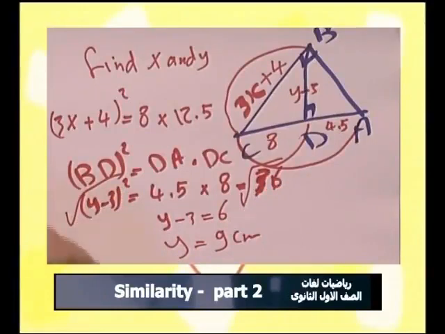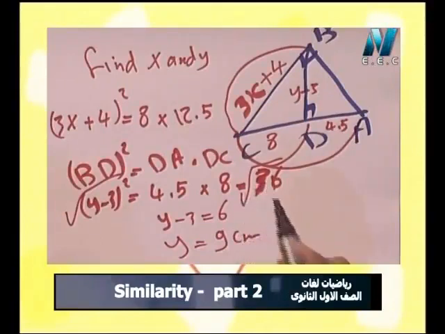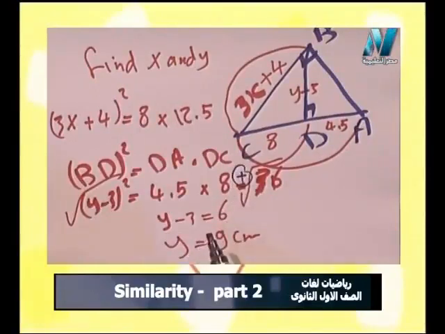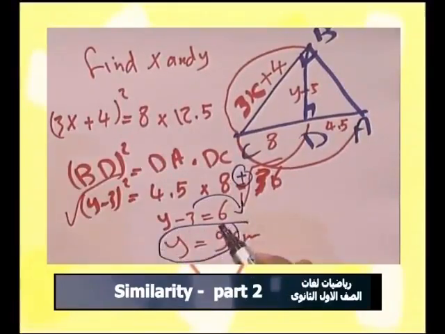Someone asked me why we didn't put positive or negative here. We deal with length, so ignore negative, because length is never negative. So we deal with positive only. So y minus 3 equals 6, so y equals 6 plus 3 equals 9 centimeters.